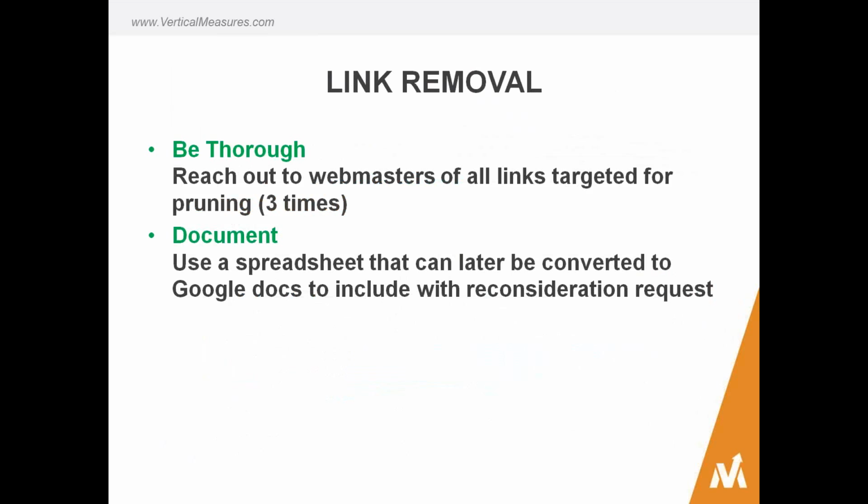So reaching out to webmasters, as a general rule of thumb, we reach out 3 times. We feel that's a good attempt, and we document that. The documentation is very important, both for keeping track internally on your project, but also you can convert this spreadsheet later into a Google Sheet, where you can include that with the reconsideration request.